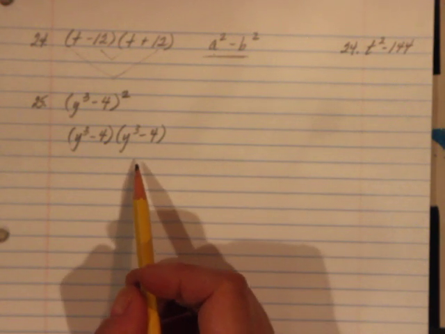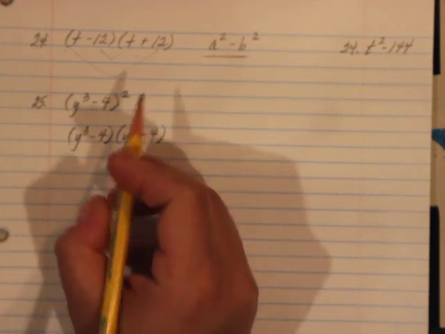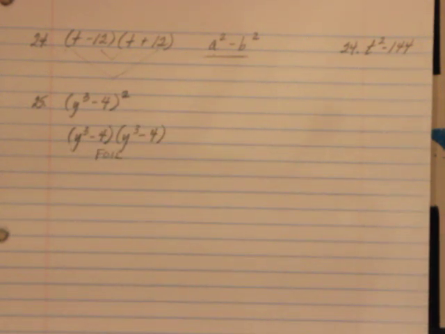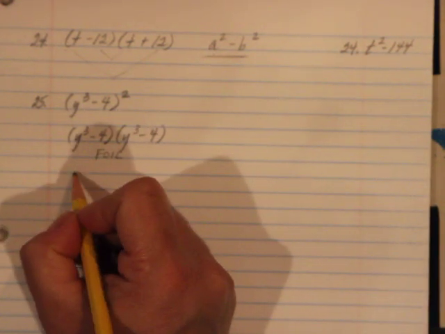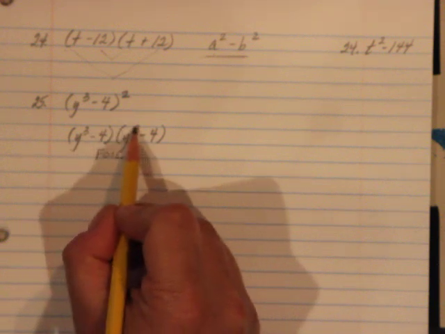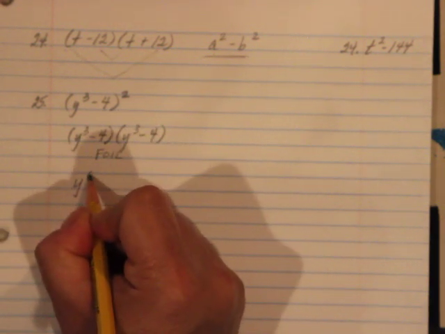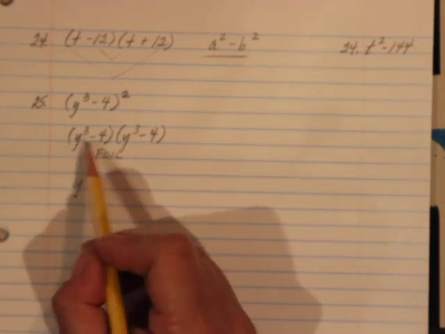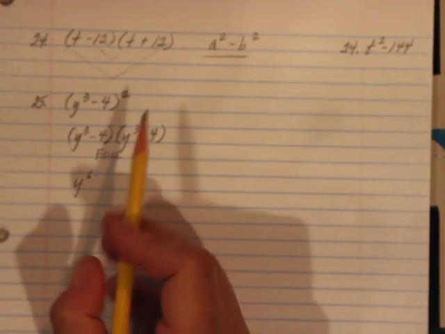Okay, so for this guy, let's go ahead and use our FOIL. For this, multiply our first two terms together. And remember, when I multiply exponents, I add them. So y cubed times y cubed is y to the 6th, since I'm multiplying these guys, then I add those exponents together.